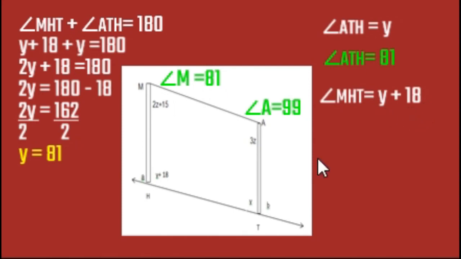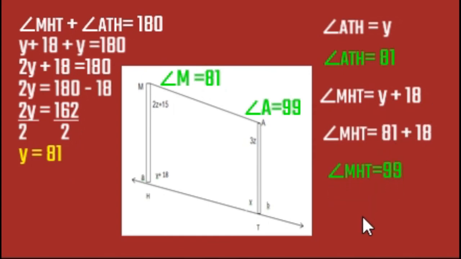Let's substitute the value of y. y is 81 plus 18 is equal to 99. So the measure of this angle is 99. So here is 81 and here is 99. And if we add up these two angles, the sum is 180 degrees. The same with these two angles.